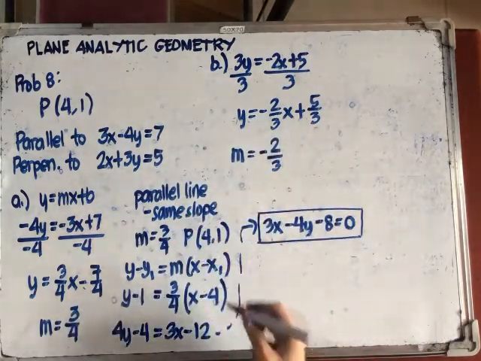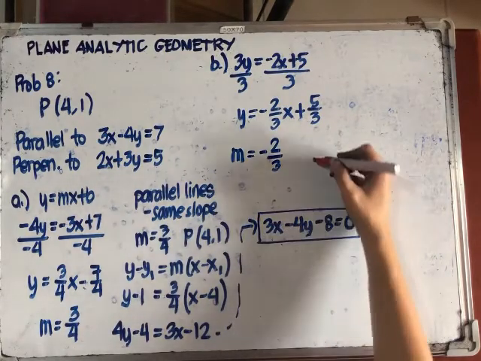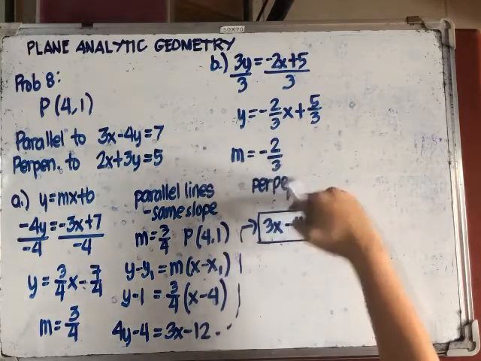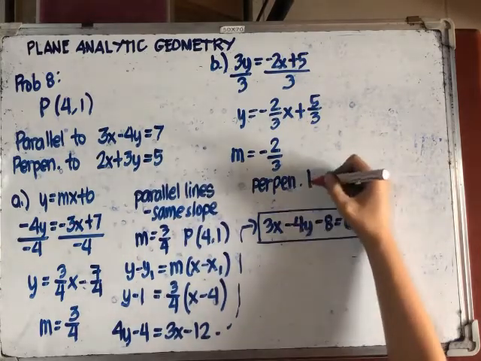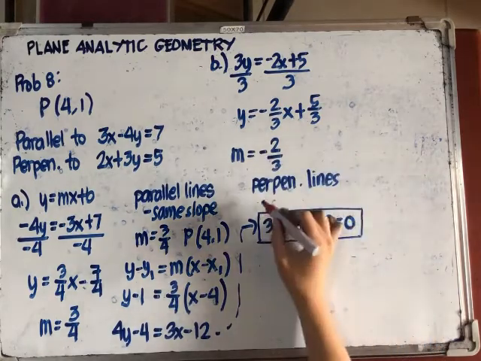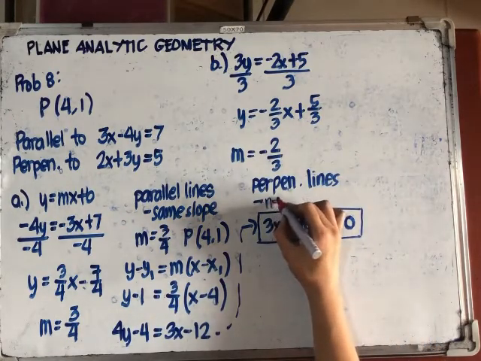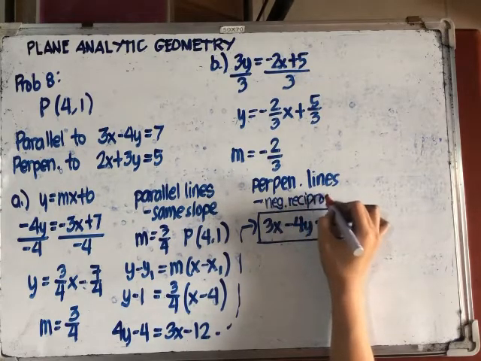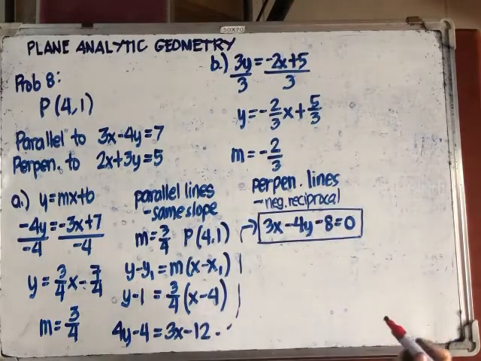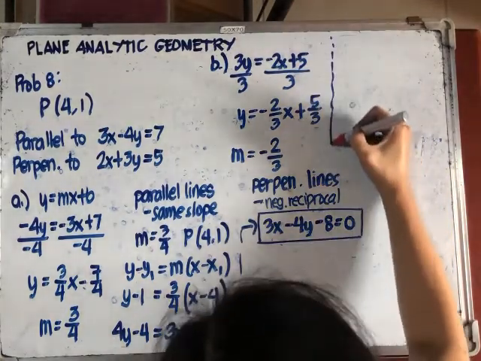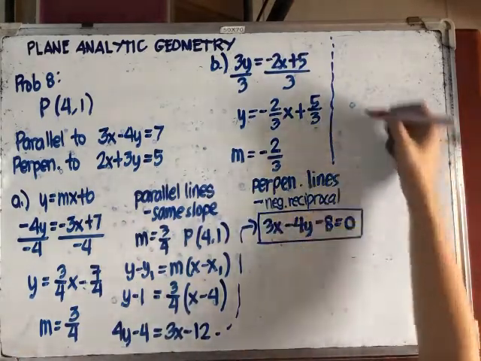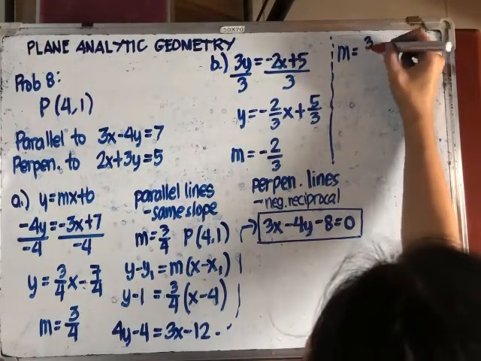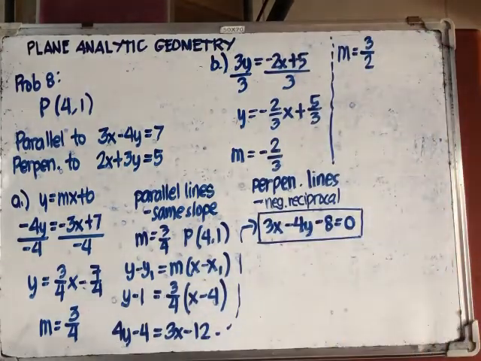And if parallel lines have the same slope, perpendicular lines have slopes that are negative reciprocals. So instead of using m as negative 2/3, the slope of the line that we are looking for is the negative reciprocal of this one.